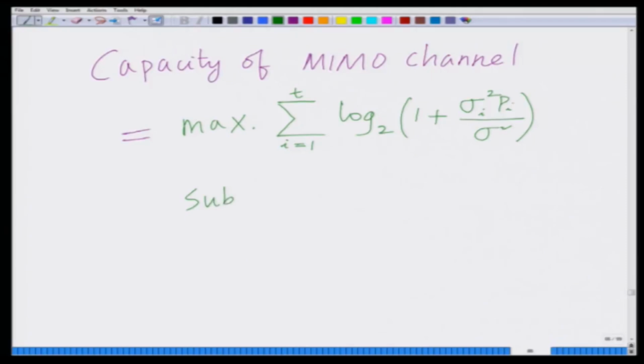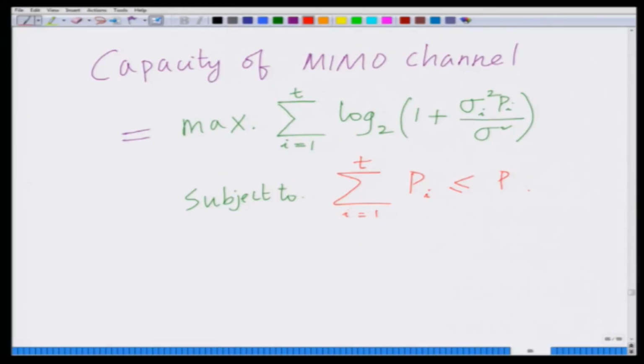subject to the constraint that the total transmit power, summation i equals 1 to t of Pi, is less than or equal to P. So, what we are saying is very simple.